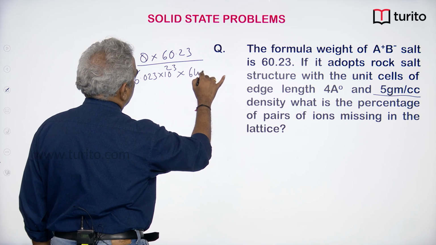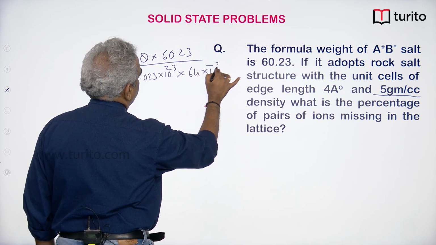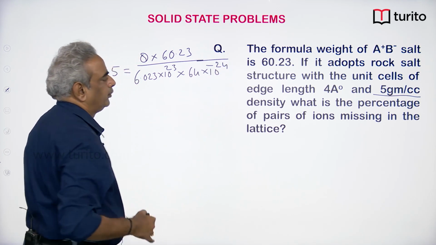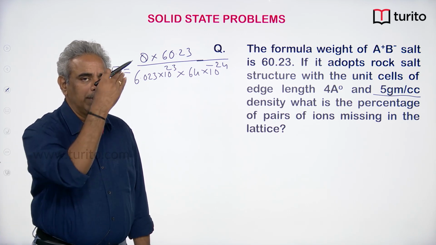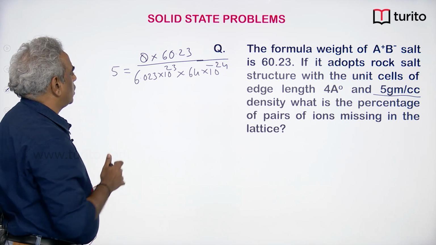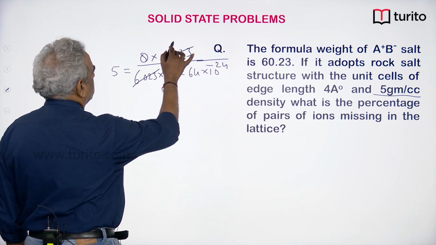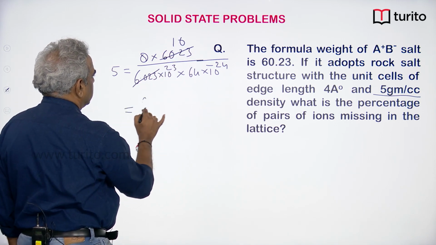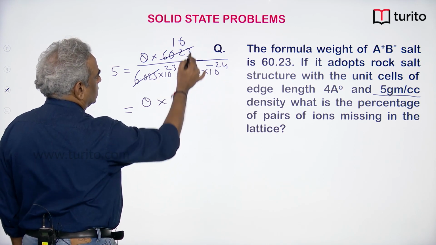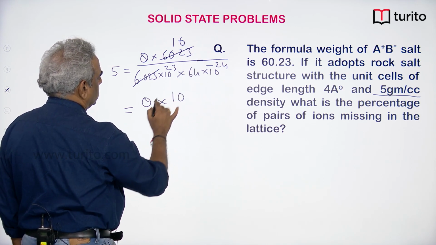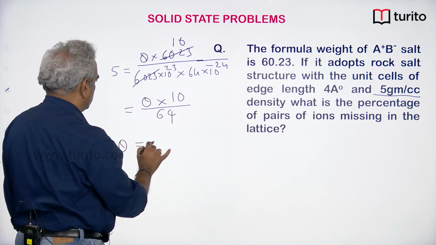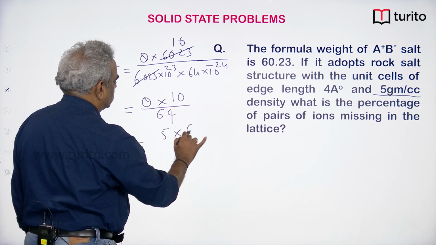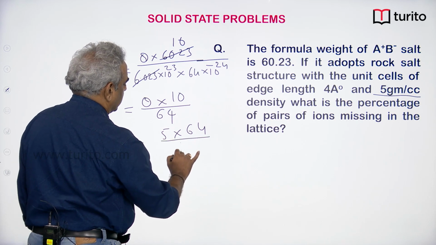So, 64 into 10 to the power of minus 24 cc. 1 angstrom is 10 power minus 8 cc cube. So, what would I get? I will cancel it out 10. So, theta into this goes up 10 by 64. So, theta is equal to 5 into 64 by 10.